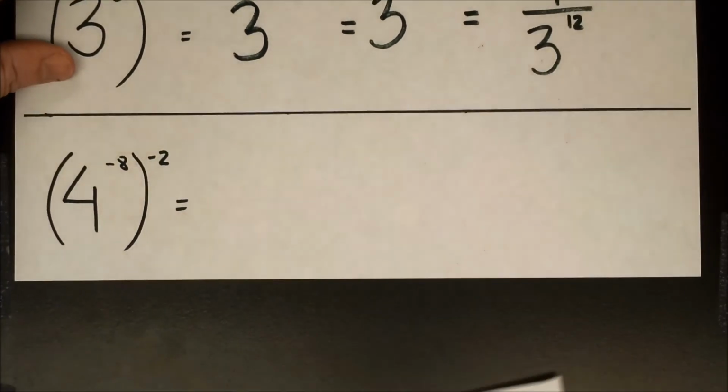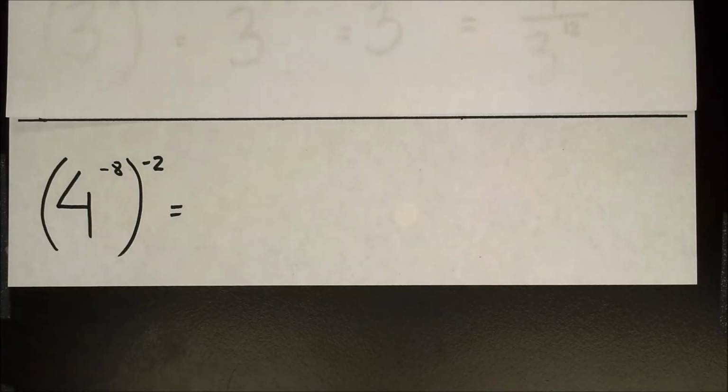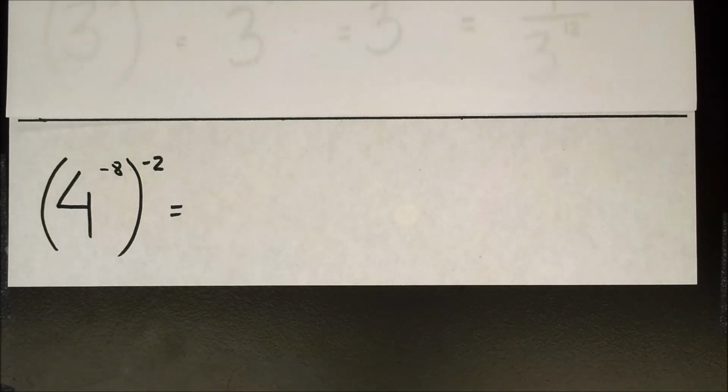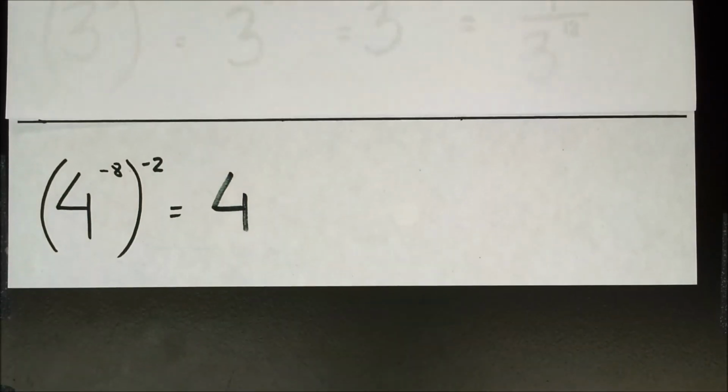Let's try one more, and then we are done for the day. Try that one. I'll give you 30 seconds. Pausing. Okay, so the base, just like always, does not change. What do we do with the exponents? Someone tell me.